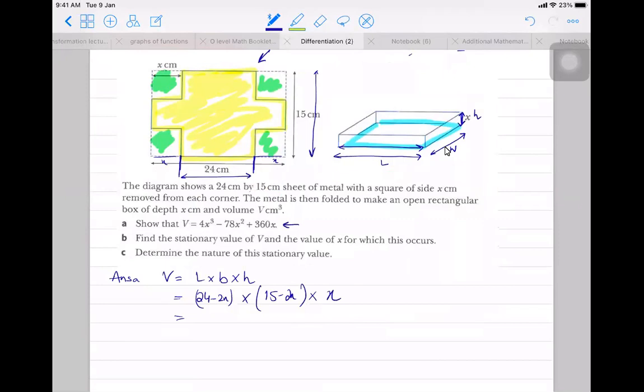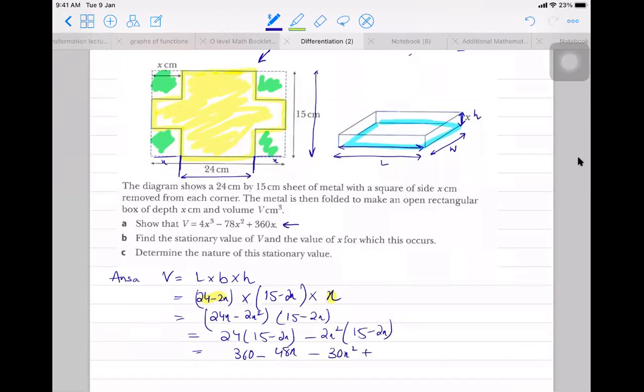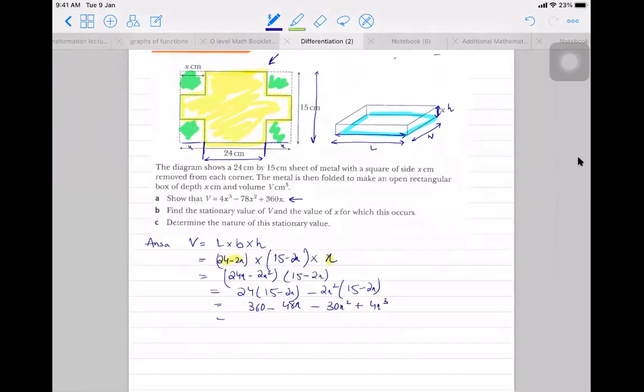So if I multiply x with 24 minus 2x, I'm going to get 24x minus 2x square, times 15 minus 2x. 24x times 15 is going to be 360x, and 24x times 2x is going to be 48x square.